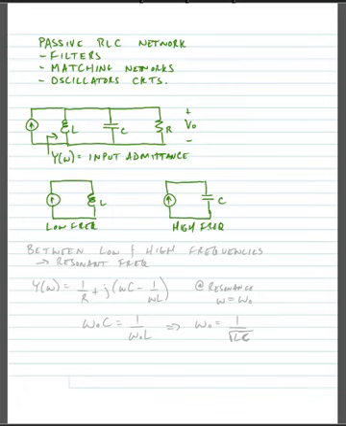And so we might ask ourselves, what happens between the low and high frequencies? And the answer is, between low and high frequencies, we come to a resonant frequency.